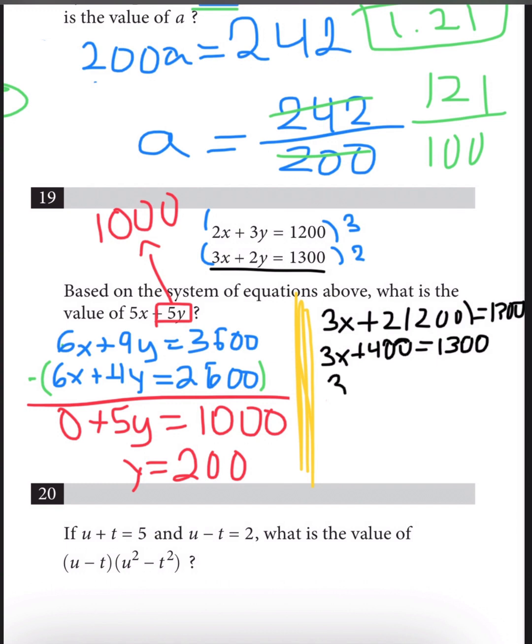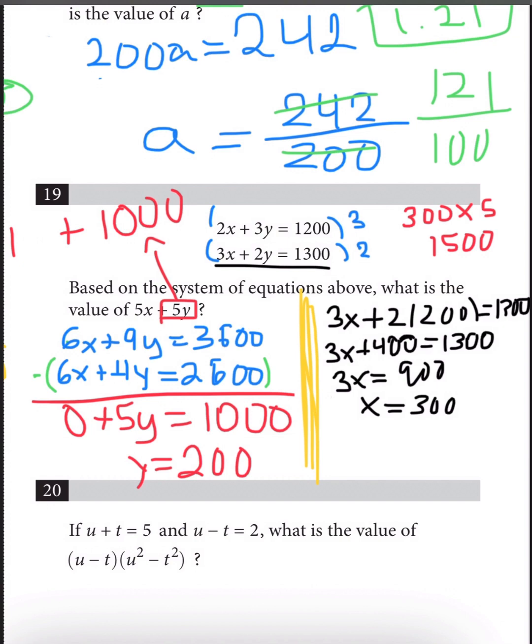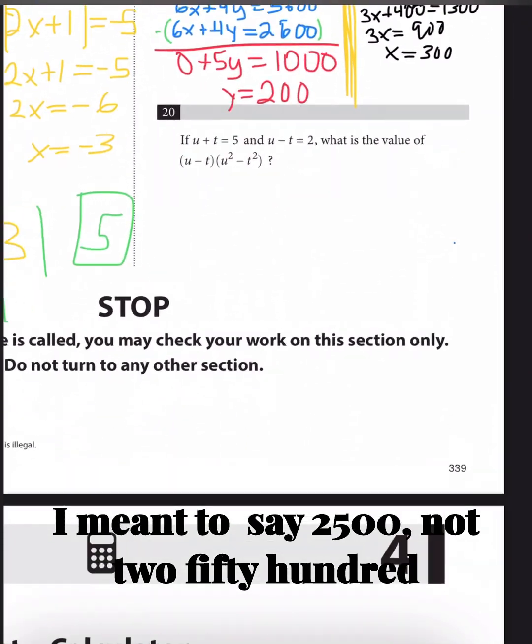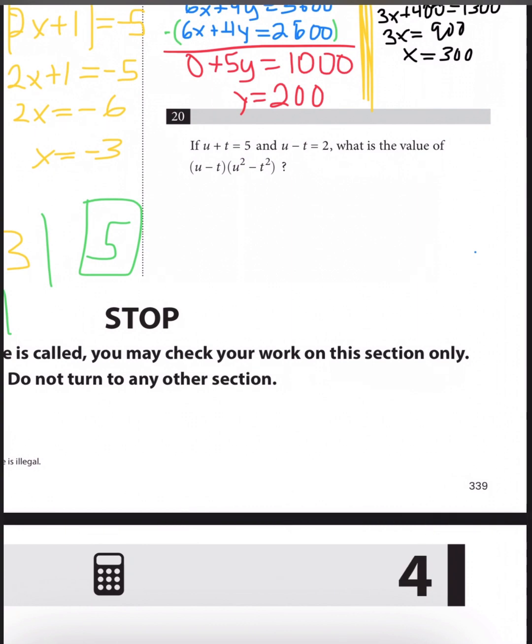Then we do 3x equals 900. X equals 300. Okay, so now all we have to do is add 1500 and 1000. We should get 2500. That's our answer. Okay, last question.